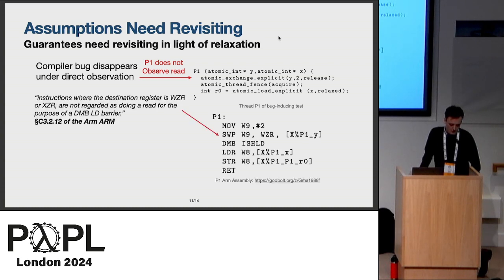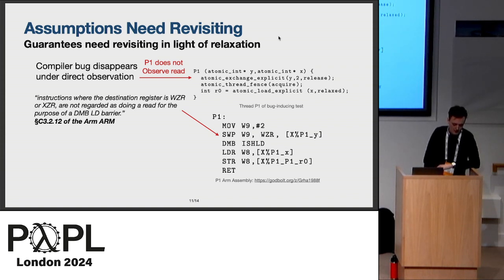Now, if you compile this to target Armv8.2, LLVM will currently emit a swap instruction. Now, the swap instruction, according to the ARM manual, if its destination register is the zero register, which is a special kind of register, WZR or XZR, is not regarded as doing a read for the purposes of the DMB LD barrier, which is what the acquire fence is compiled to.